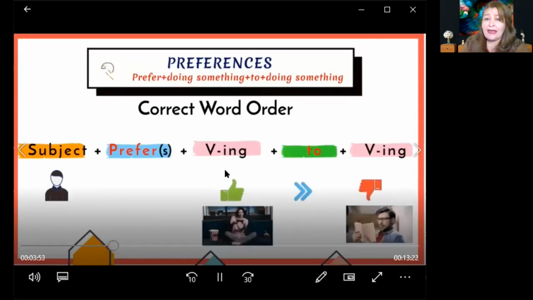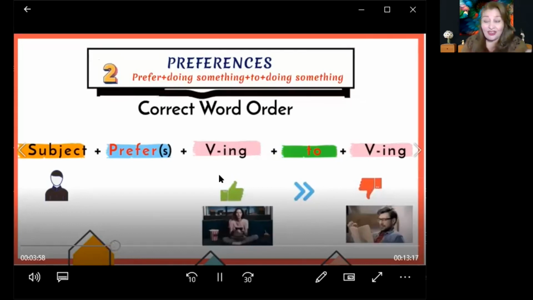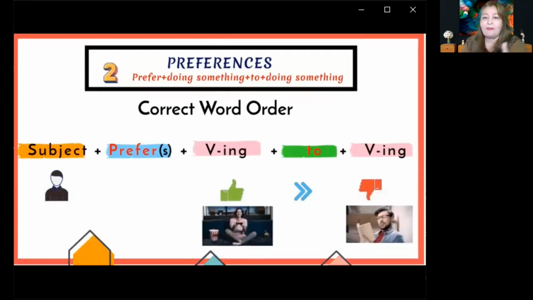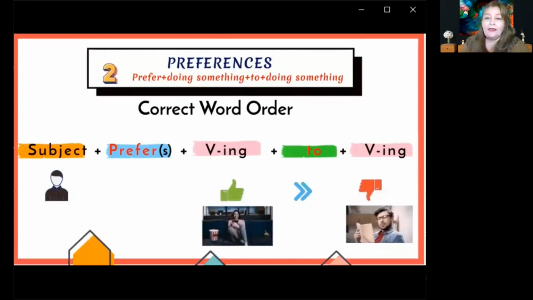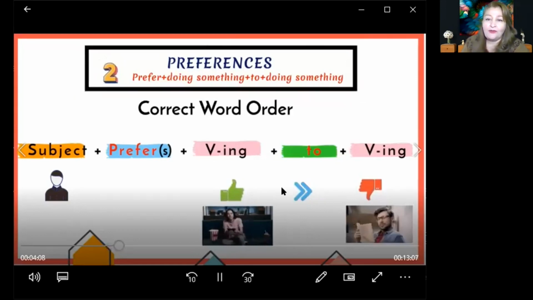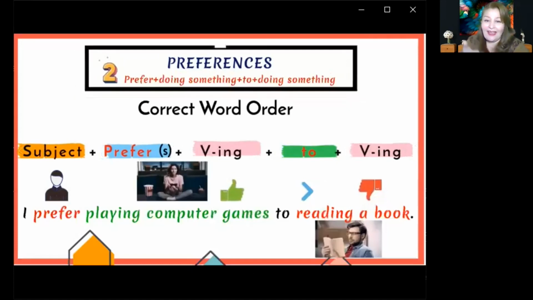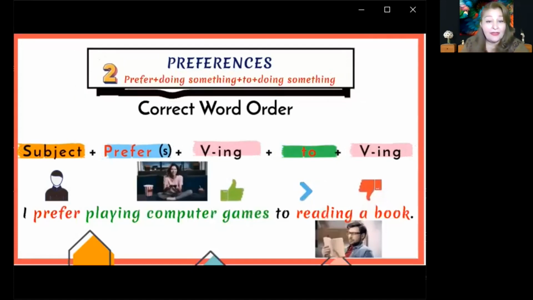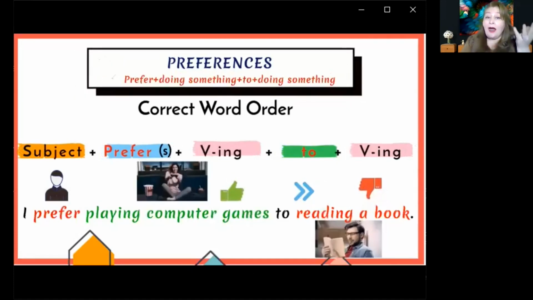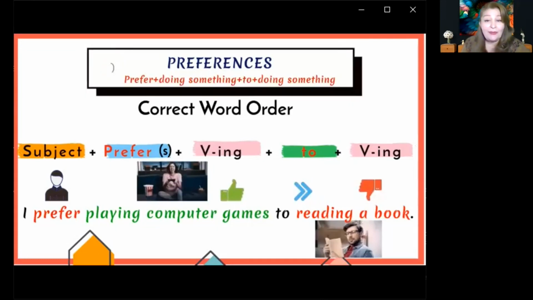If there is an action verb, if there is an action that we prefer, doing something to doing something, we can use the structure I prefer reading to cycling. Okay, and this example shows us, I prefer playing computer games to reading a book.